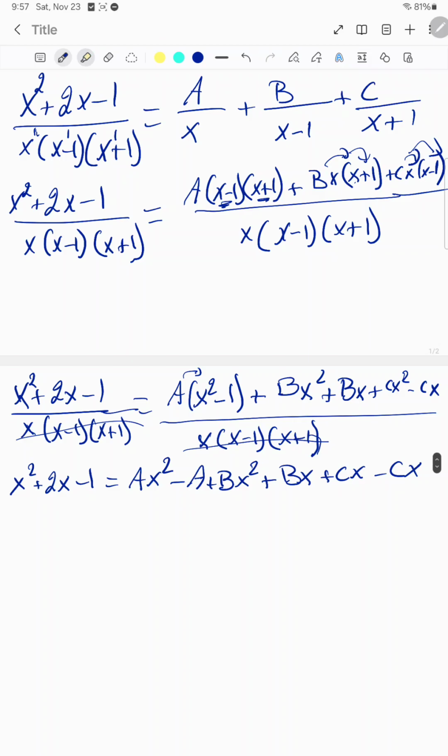So now I know that I have ax squared and I have bx squared, and cx squared, so I can factor out x squared.